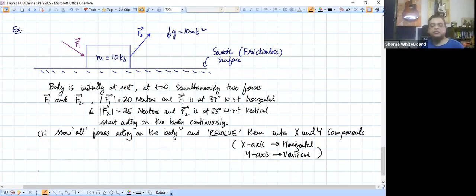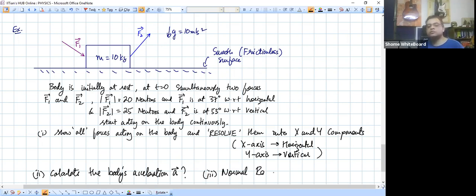And secondly, calculate the body's acceleration. And third, the normal reaction force from the floor onto the body. Okay, so just try this out.